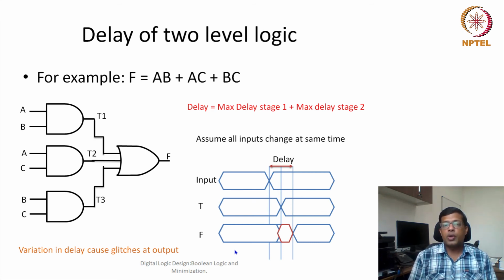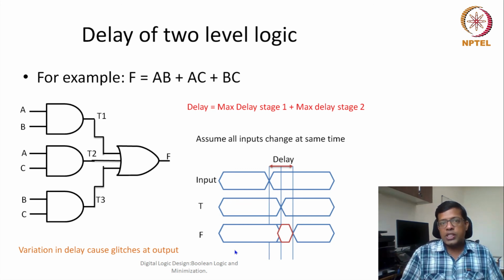If we want our output for a particular expression, function or gate, my input should not change before the delay of this whole function. If the input changes, that will cause uncertainty. We don't know whether the output is corresponding to a previous input or a new input.